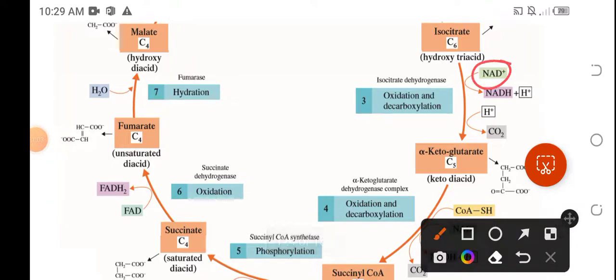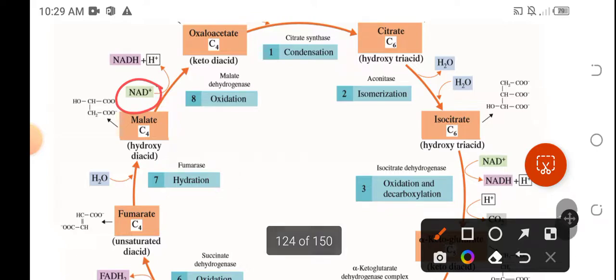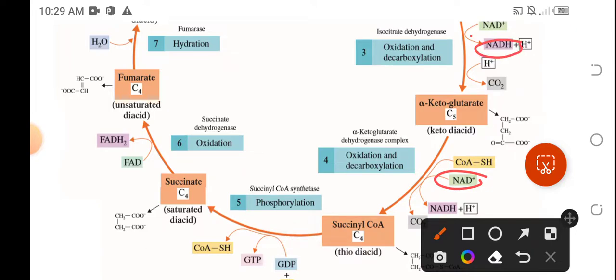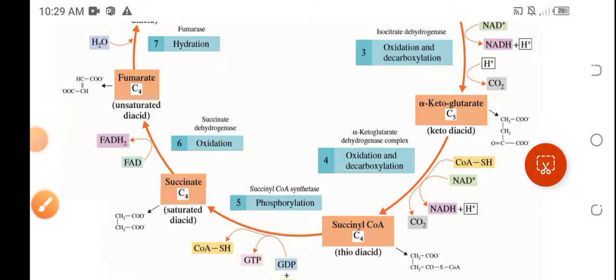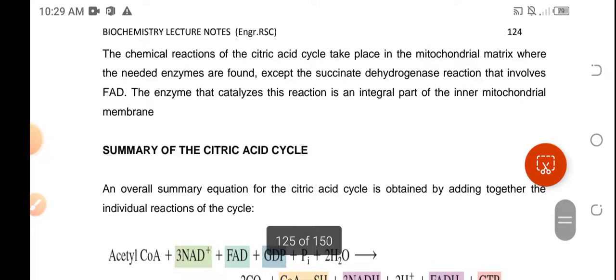Okay, so we have here the NAD, and then another NAD, and then another NAD. So, 3 beses tayong gumamit ng NAD. So, therefore, nagka-produce din tayo ng reduced form na NADH. Naka-produce din tayo ng GTP, which is a high energy molecule. And then, of course, naka-produce din tayo ng FADH2. Isa lang.